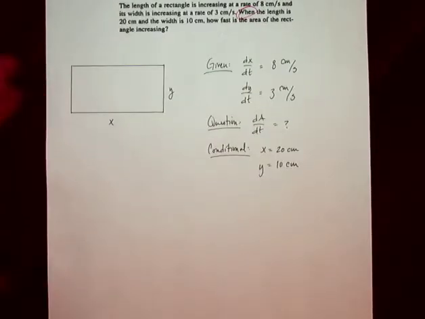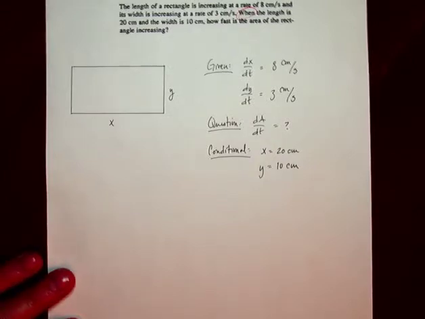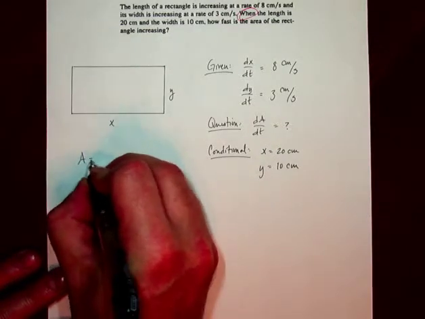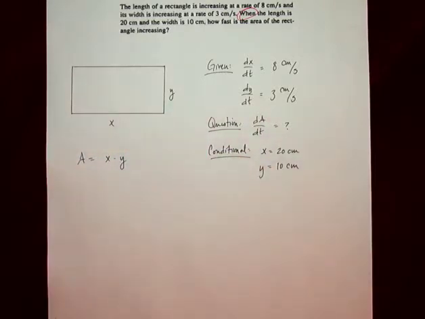Just like the Pythagorean theorem, I simply need to come up with the correct formula before I differentiate. Obviously, I'm dealing with the area of a rectangle, so it shouldn't be difficult to discern that I'm using A equals x times y.